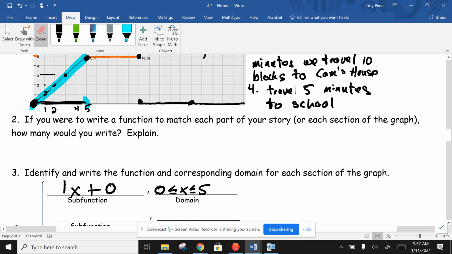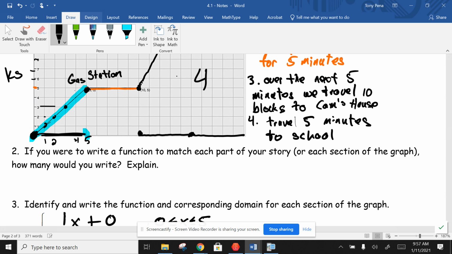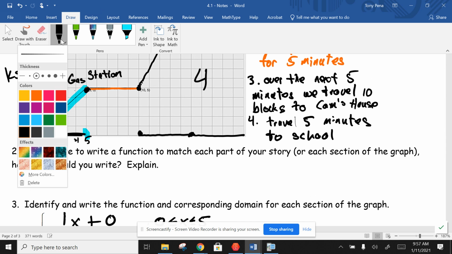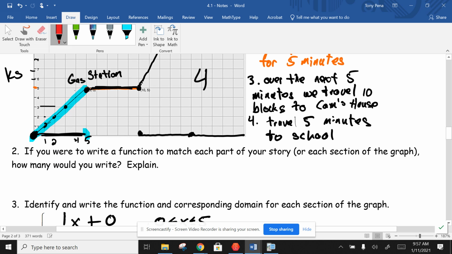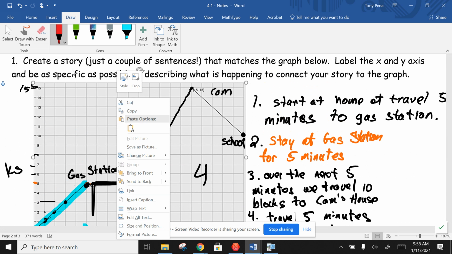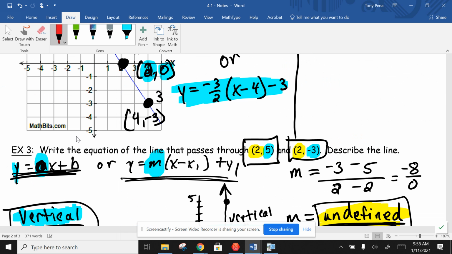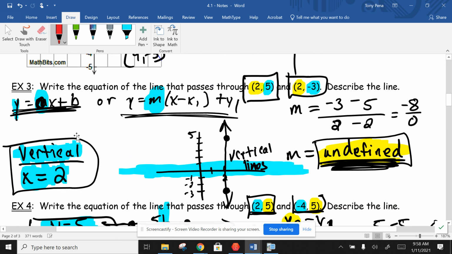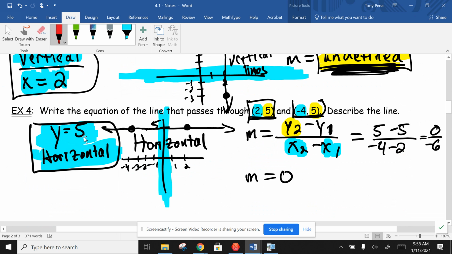All right, so now the next one, and this is where you're going to see this a lot. I promise this is going to be a point of emphasis for us. Notice how the second function is a horizontal line. We want to write the equation of this horizontal line right here. Remember how we write the equation of a horizontal line? Isn't a horizontal line always going to be y equals some number?